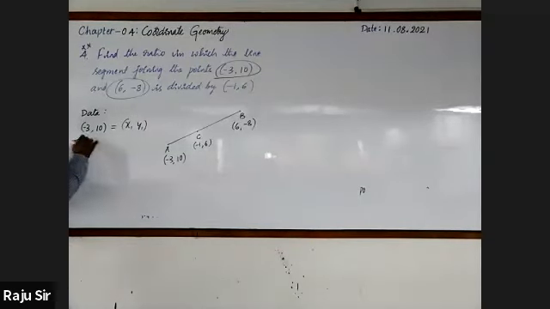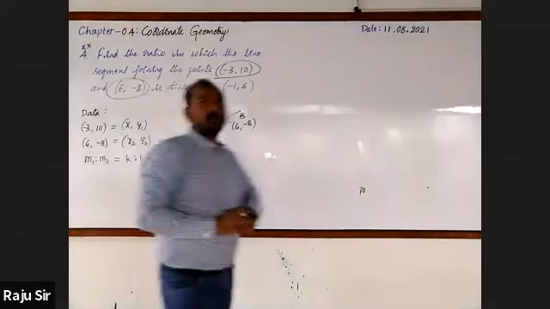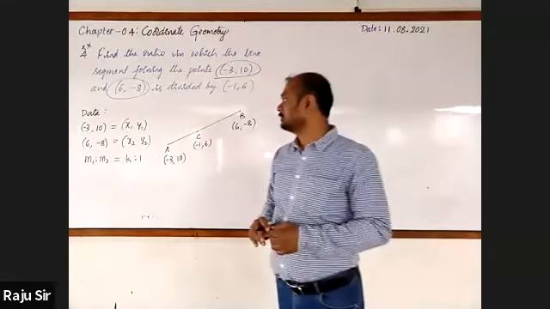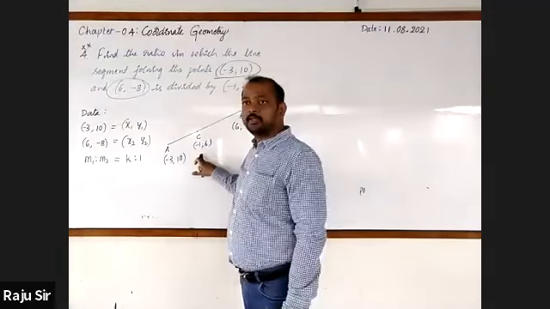Next 6 comma minus 8 as x2 y2. Next ratio m1 is to m2, I take this as k is to 1. So what formula should be used? And even they have given the point C as well.